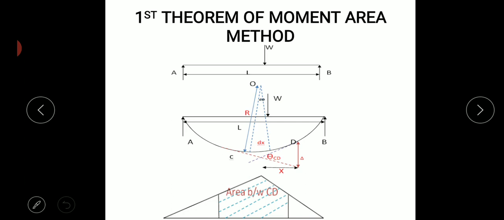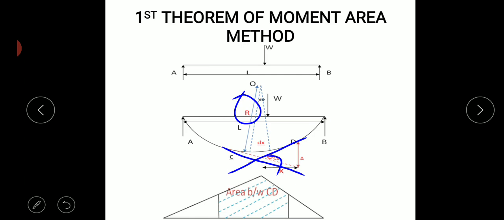Let r be the radius of the arc. Let theta CD be the angle between the tangents drawn from the points C and D. After considering the two points C and D in between the points A and B, I project the tangents from the two points so that they meet at a single point, making an angle.